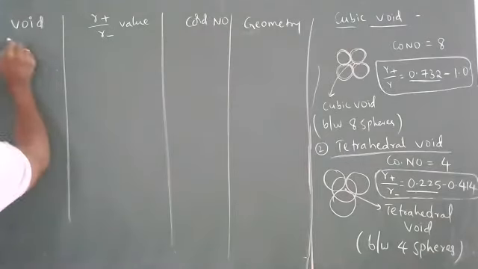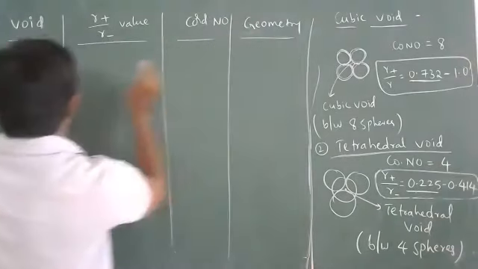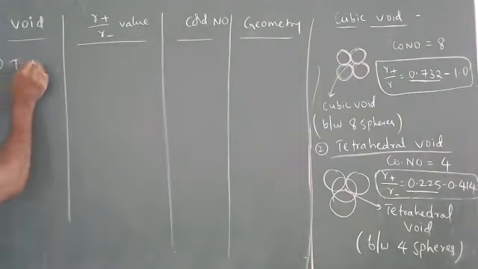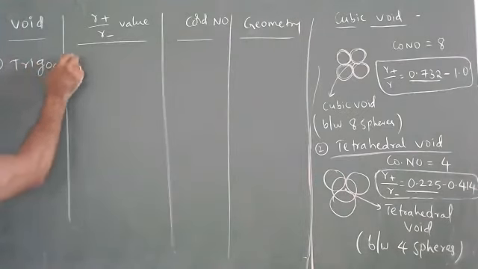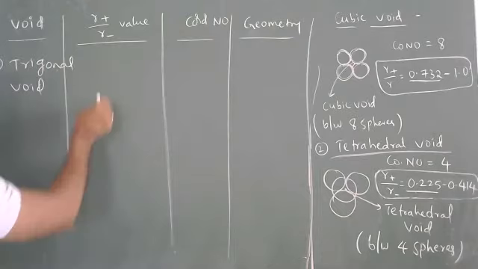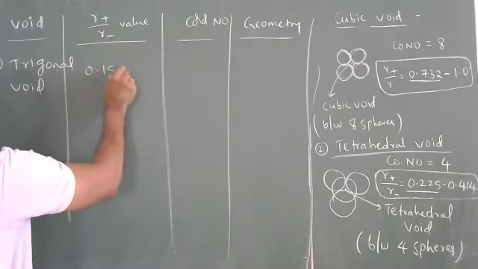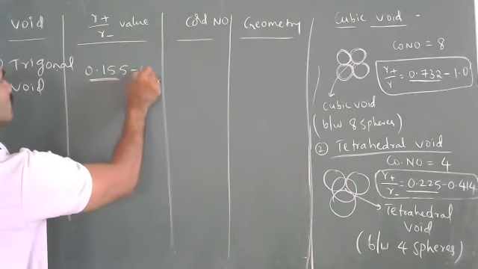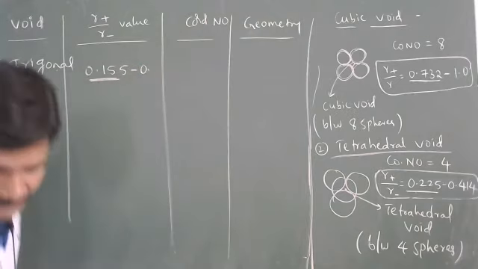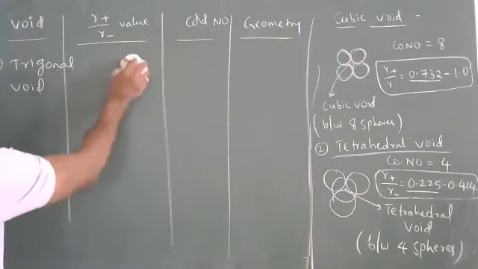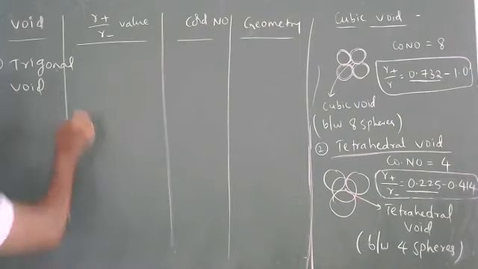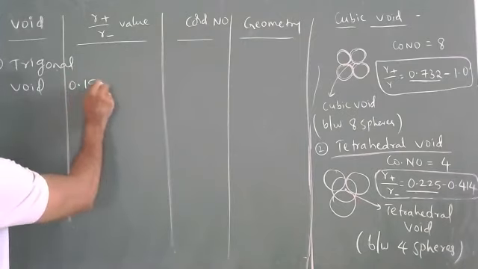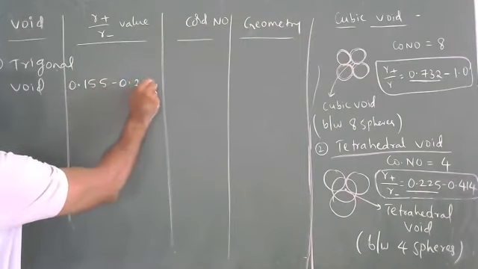Okay. First one is trigonal void. So trigonal void radius ratio 0.155 to 0.225.